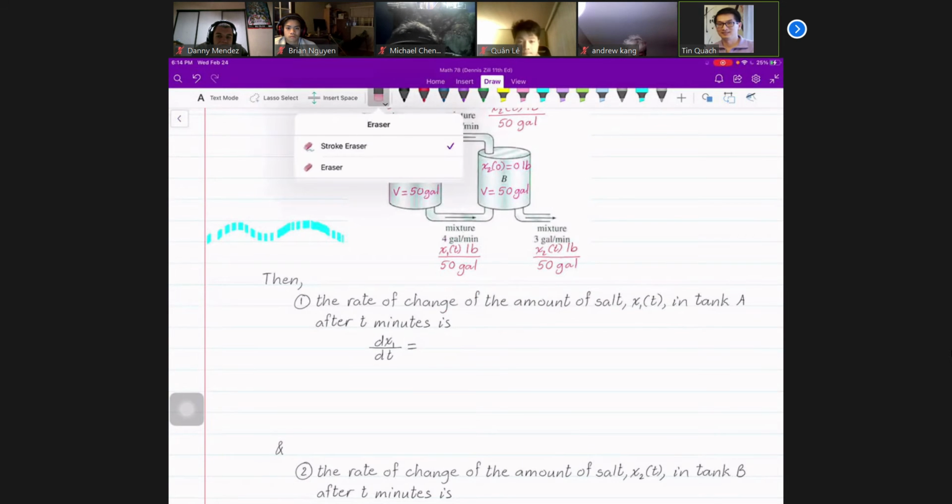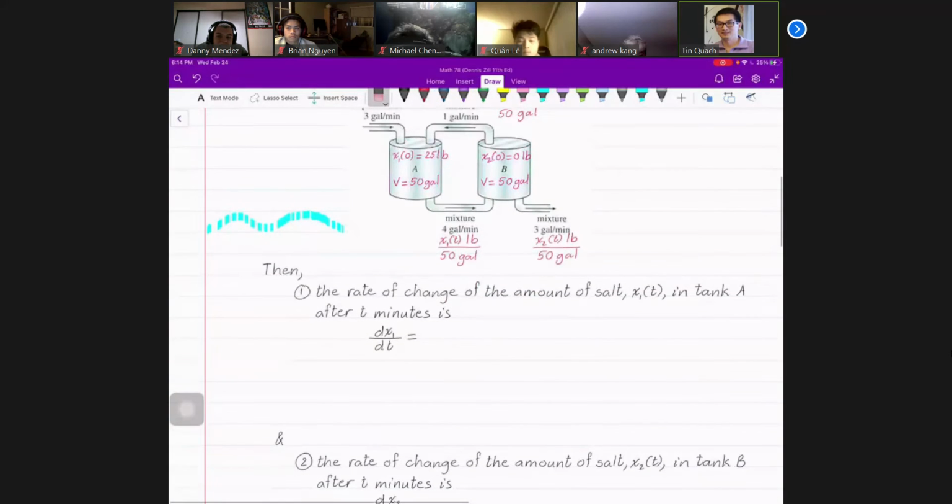The rate of change of salt in tank A depends on how much salt is coming in per minute. Because if you look at this one right here, you have to know what the unit is. This is x over t, so x is pounds over minutes.